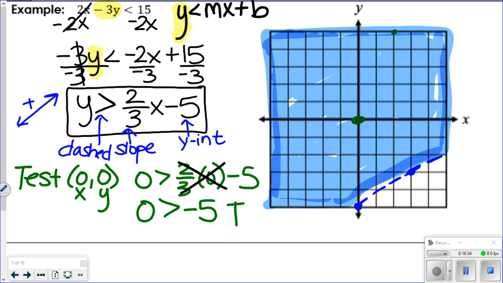And if you remember from above, when we plugged in 3, negative 4, we got false. It's not a solution. So look, it's in the white area. It's not in my shaded area.